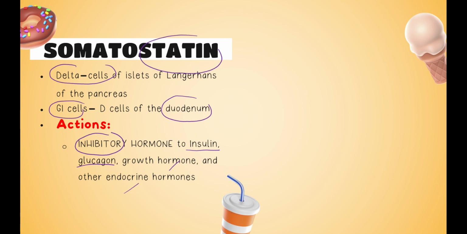So that is why it is in between, because it depends on what is needed in the body to maintain balance. Na if sobra-sobra na si insulin, siya yung mag-i-inhibit. Sobra-sobra na si glucagon, siya rin yung mag-inhibit. Kaya indirectly, it could either lower or increase your glucose level.